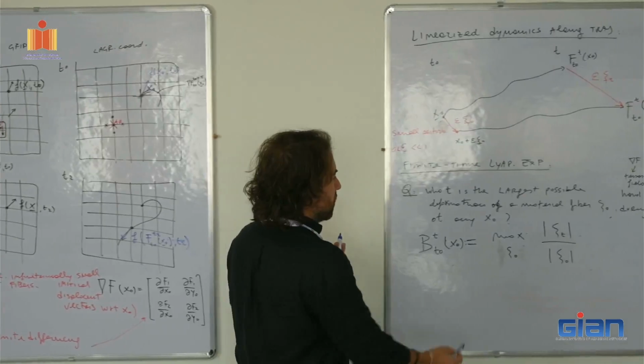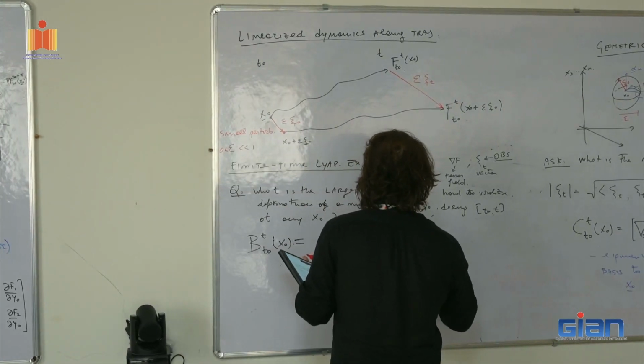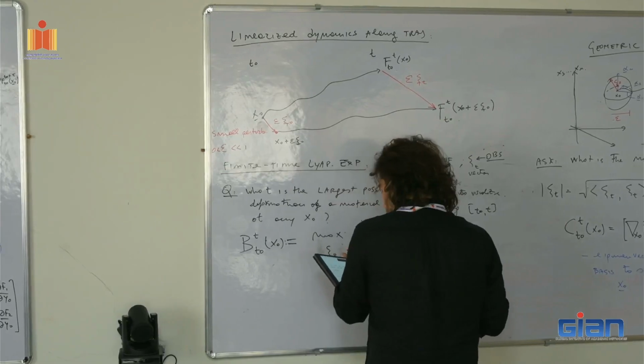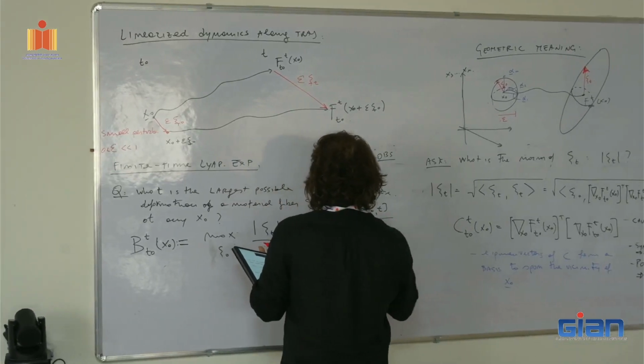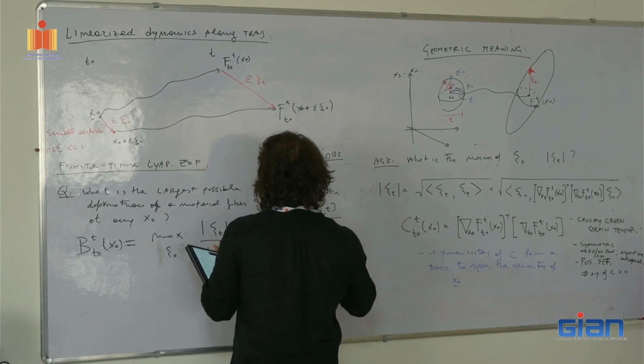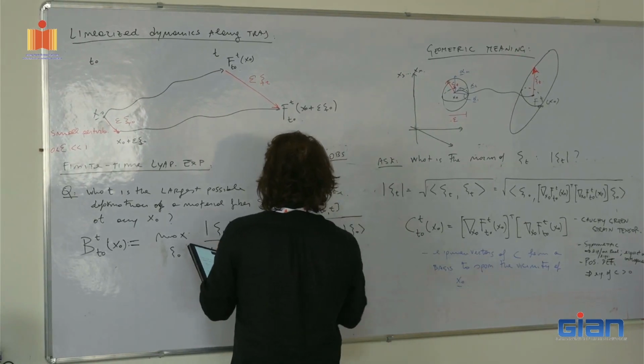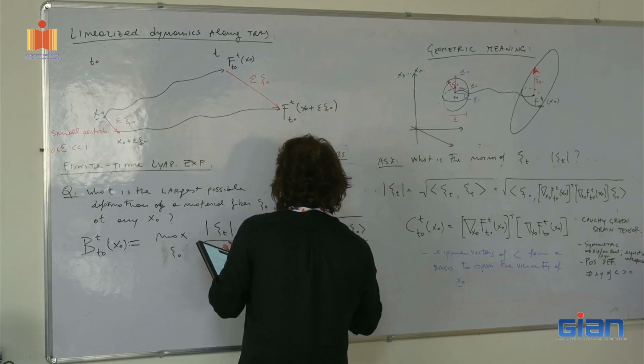Okay, so how do you compute this? It's a max over all the possible zeta 0 of this quantity, zeta 0, Cauchy green, zeta 0, divided by the norm of zeta 0.